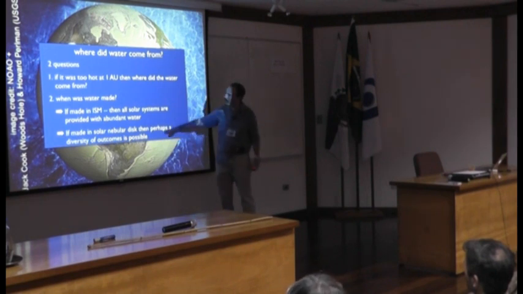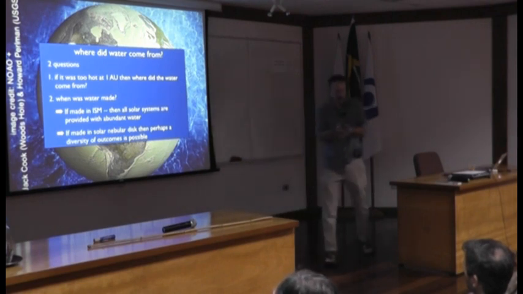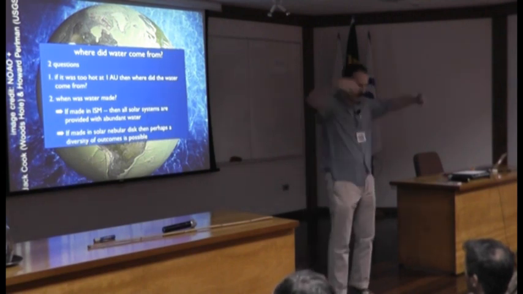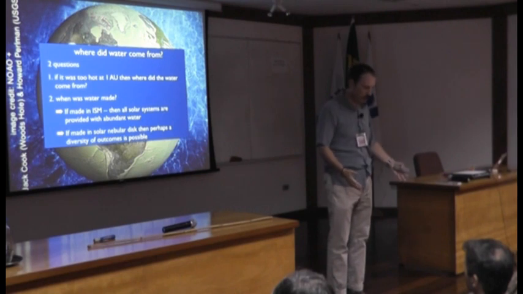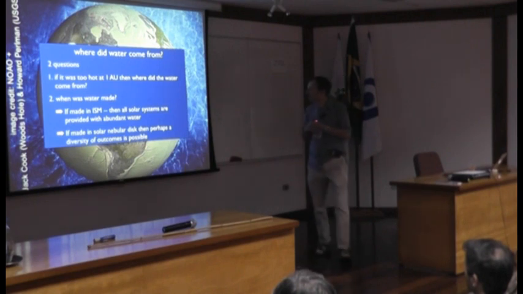But if it's made in the disk itself, which is one possibility, so if you go back to this idea that everything, you take the meteorites, everything went through this hot phase where everything was evaporated and then you reform it, okay? Now, if I were to do that, then I wouldn't get my deuterium enrichments. That's one point.